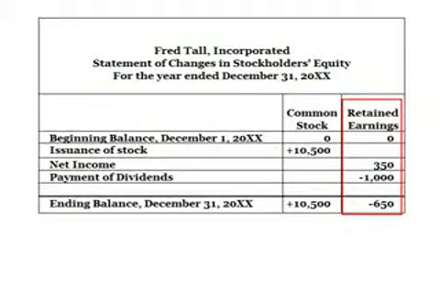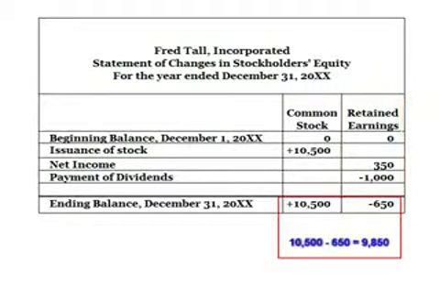This is because more was withdrawn from the business in dividends than was earned by the business during the period. When we add the $10,500 balance in common stock to the negative balance in retained earnings, we wind up with our same $9,850 overall ending balance for total owner equity.